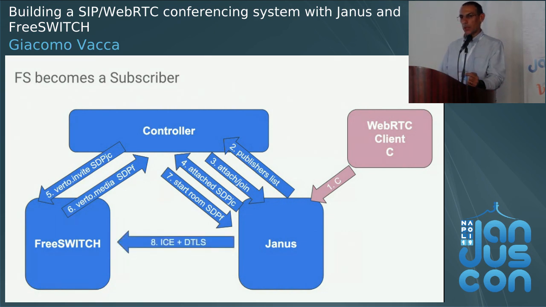In this case, it will be Janus probing, doing the STUN binding request, and verifying the ICE, basically instantiating the DTLS session, and sending the flow from C to FreeSWITCH via DTLS SRTP.